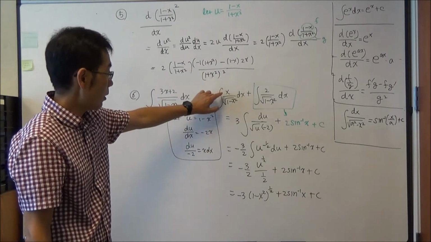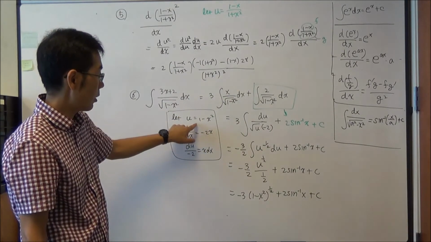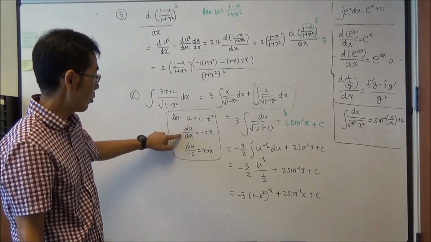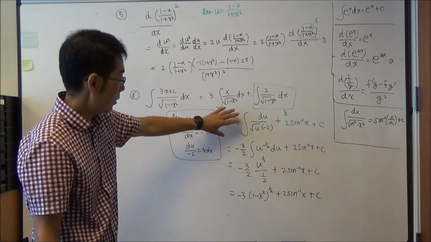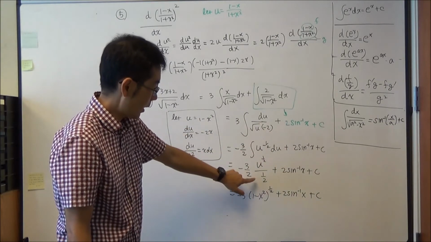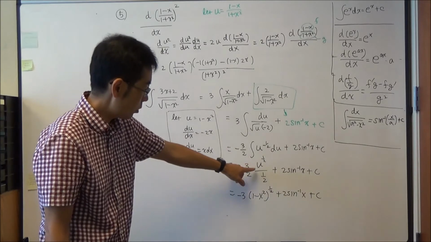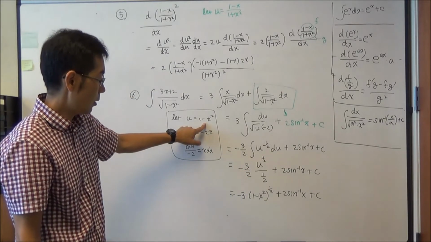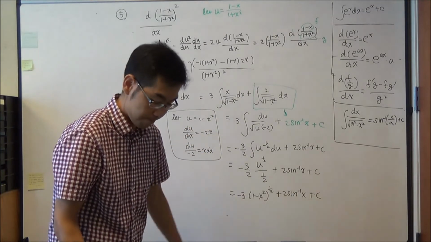And then the first one is more complex, that's why we replace 1 minus x squared with the u, and then we just take du over dx to replace x dx. So that's why we got a simpler form. Using this simpler form, you can get the answer. Then you replace the u with our original x equations. Then finally we got this answer.